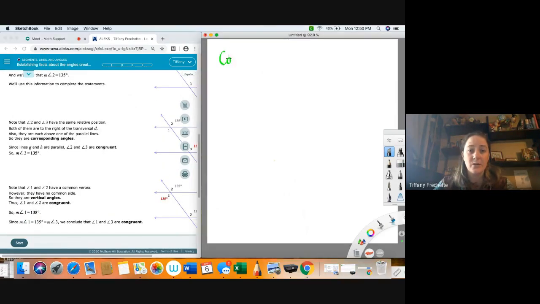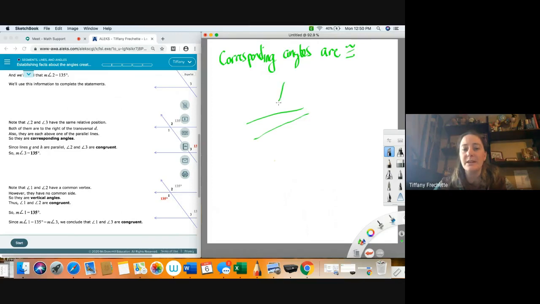So we have corresponding angles. Oops, I forgot the word. Forgot to finish the word. Corresponding angles. Hopefully that's not too terribly bright green when you're looking at it. And corresponding angles are congruent. We've talked about this in the other videos. When I have a corresponding angle, what it means, and I apologize, those don't look terribly parallel, but we're going to pretend like these two are parallel.